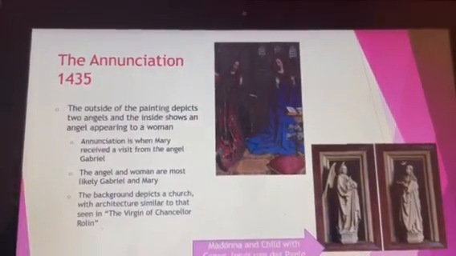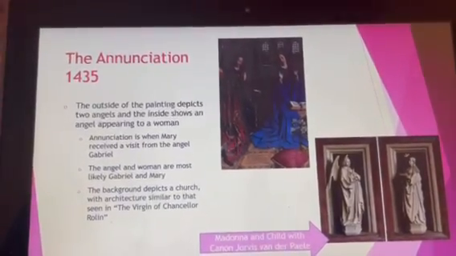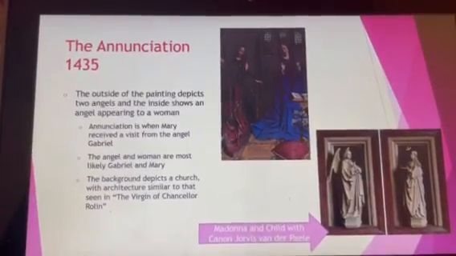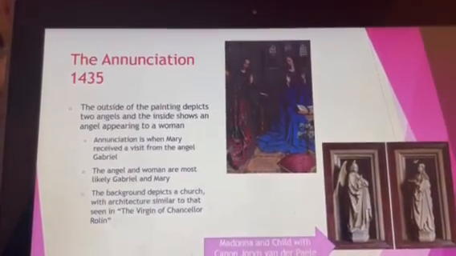The angel and woman are most likely the angel Gabriel and the Virgin Mary. The background depicts a church, and this is similar to the background seen in The Virgin of Chancellor Roland with the grand architecture.